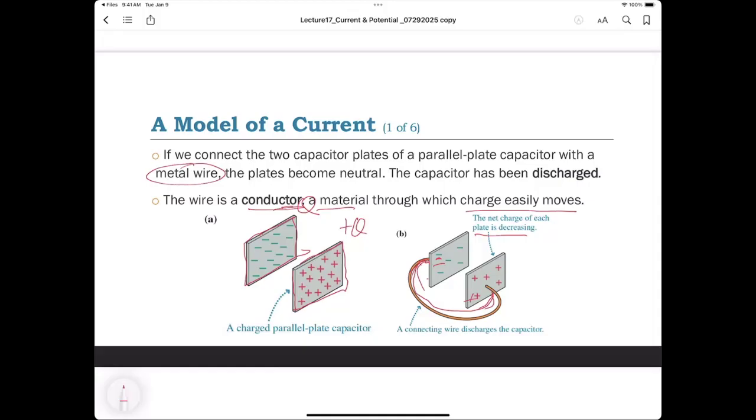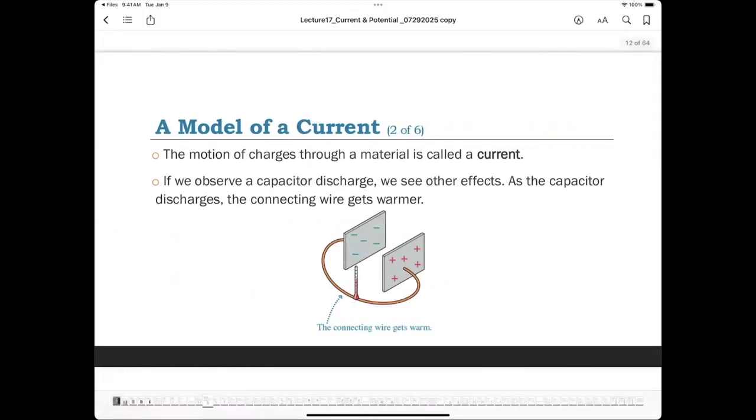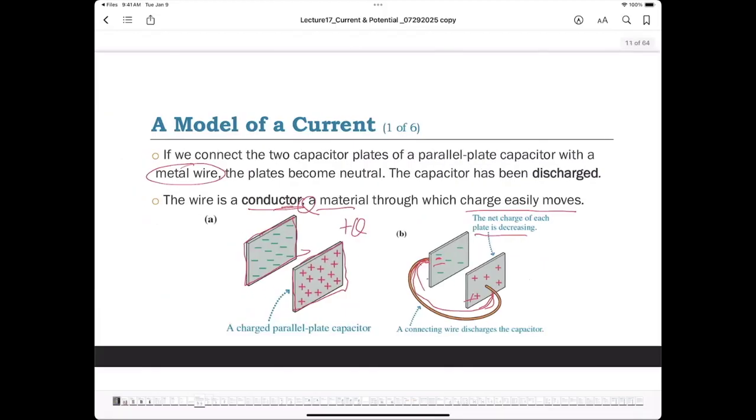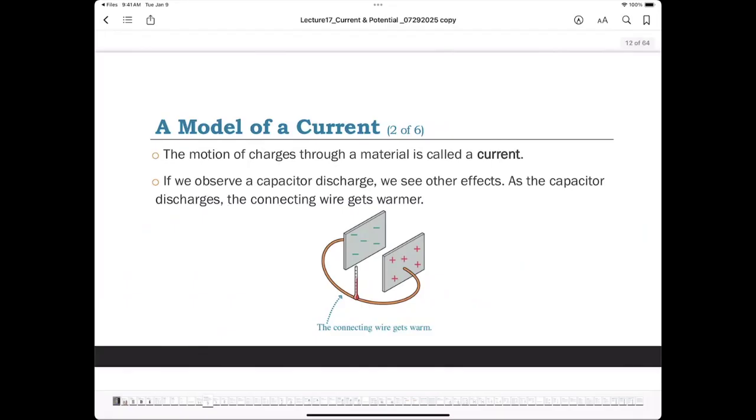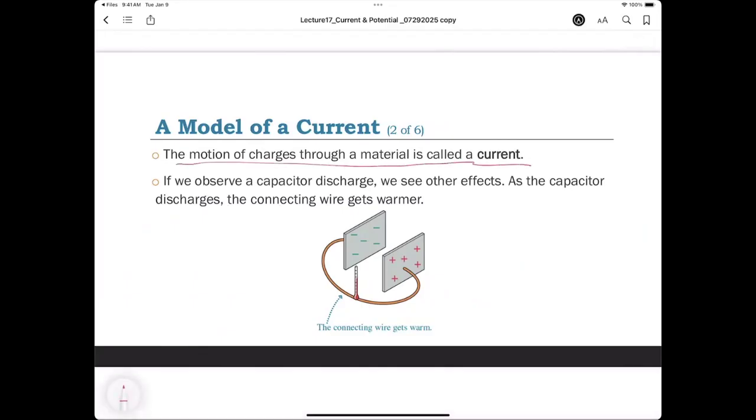Does that make sense to you? After you connect those two plates, the motion of charge through the metal, we call it a current. There will be a motion of charge.